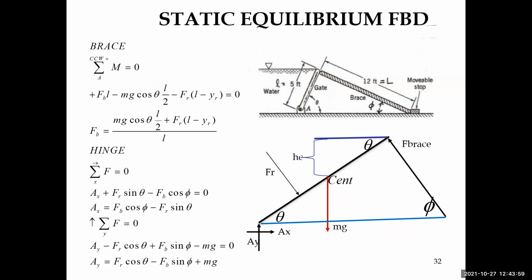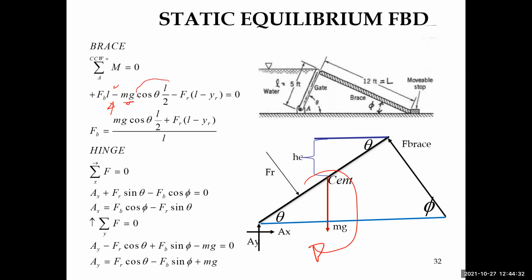Now, if I look at the weight component, this weight component is going to create a clockwise rotation about point A. So the weight component is m times g, and it creates a clockwise rotation about point A. And therefore that means the moment is a negative moment.